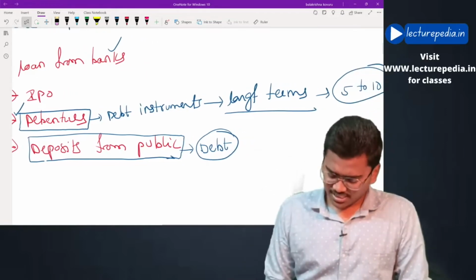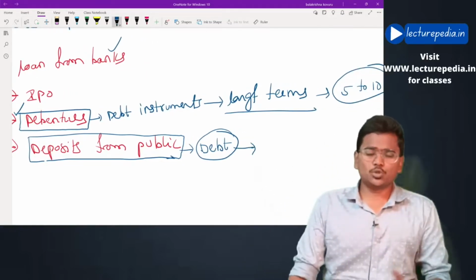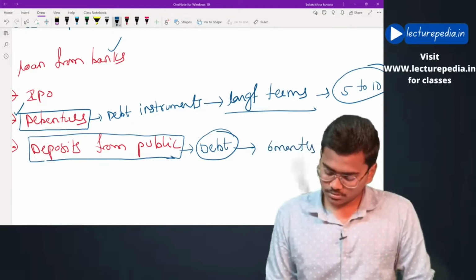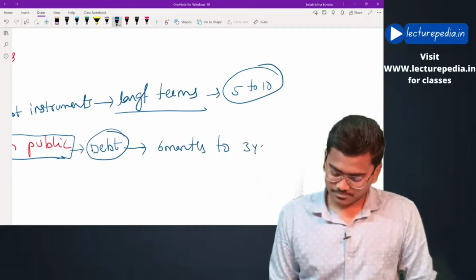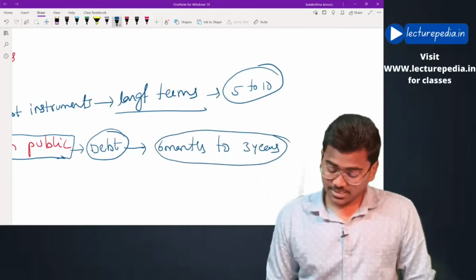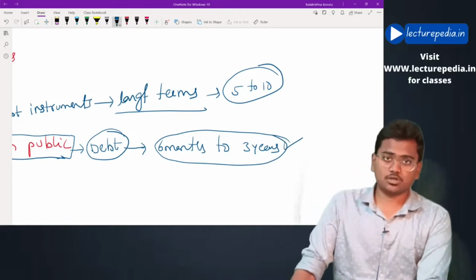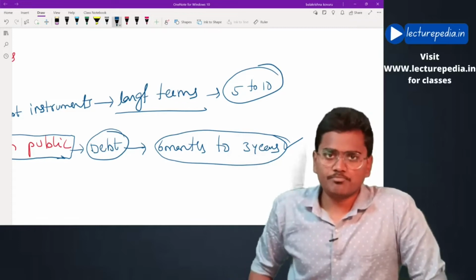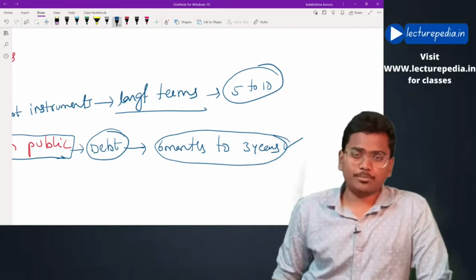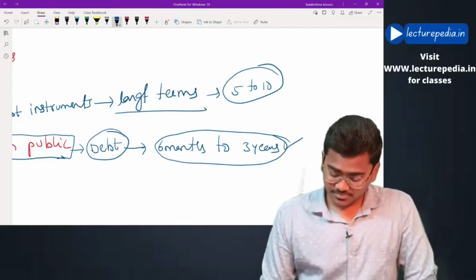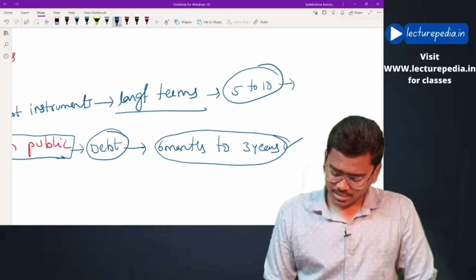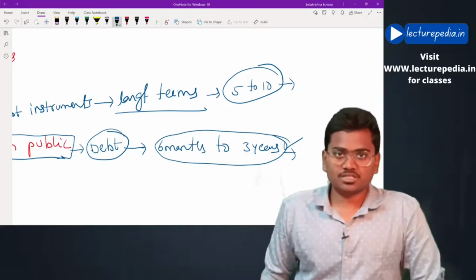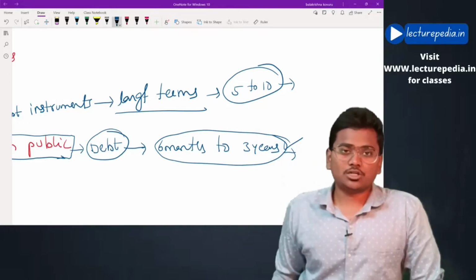Generally the tenure of deposits will be 6 months to 3 years. Based on the tenure, the deposit has to be repaid to the public by the company. Thereby the main difference between debenture and deposit is that debentures are long term finance, whereas deposits are medium term finance.